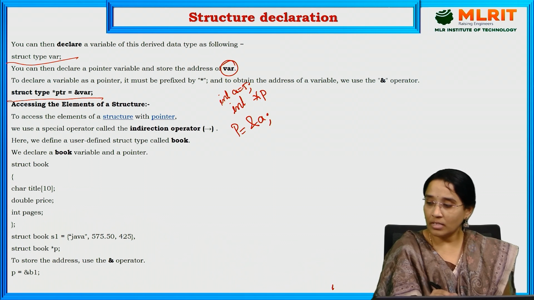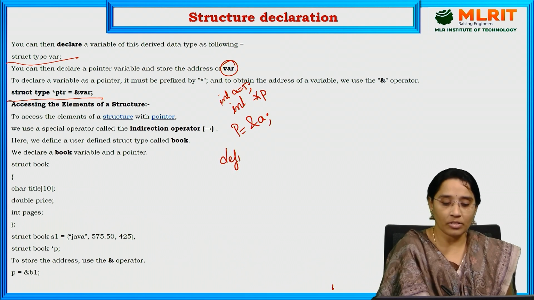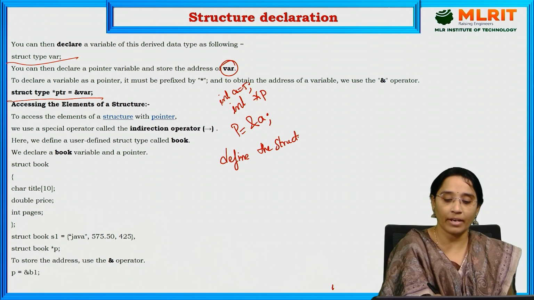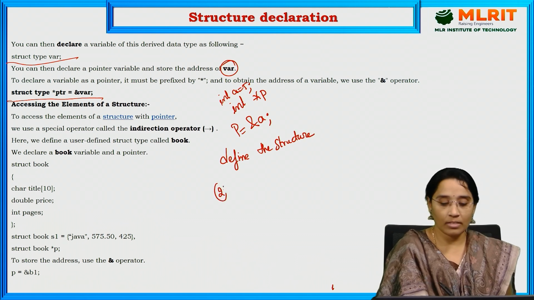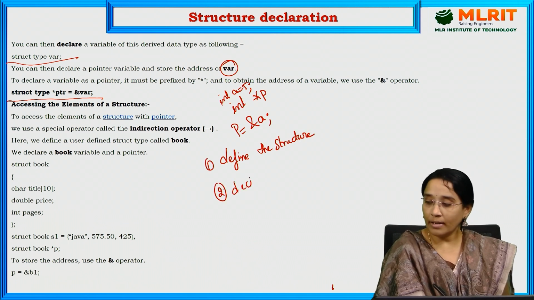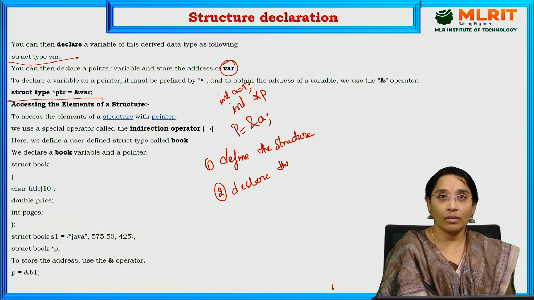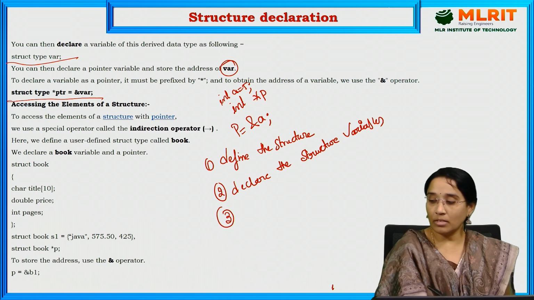First, we will define the structure. The first rule is we define the structure. Second, declare the structure variables. Third, declare the pointer variable.